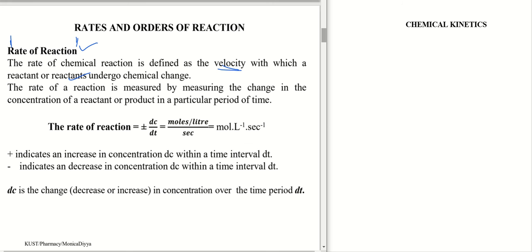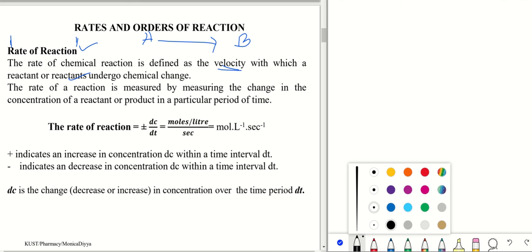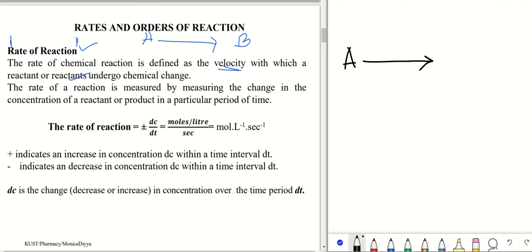Normally, for example, let's consider a reaction A to B. A is the reactant, B is the product, and the reaction takes place.